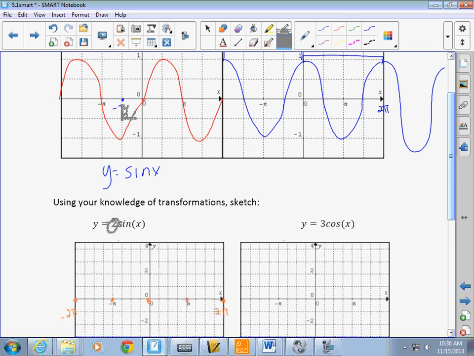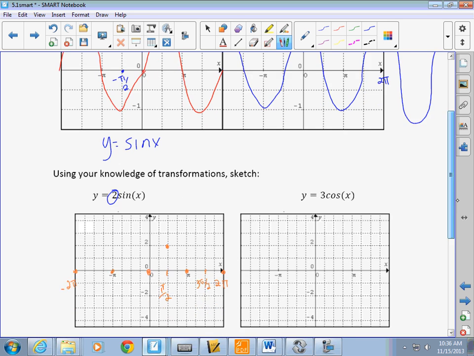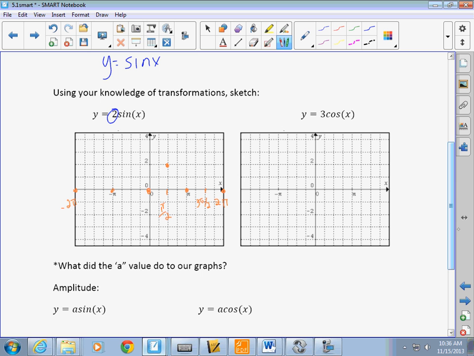So at pi over 2, which is halfway in between 0 and pi, and then at 3 pi over 2, instead of a value of 1 and negative 1, we're going to double it because a is a 2, so it's going to be up at 2. And then at 3 pi over 2, it's going to be down at negative 2.